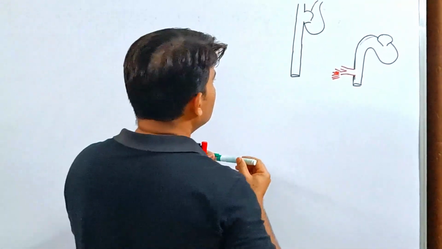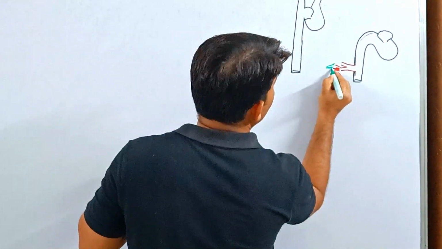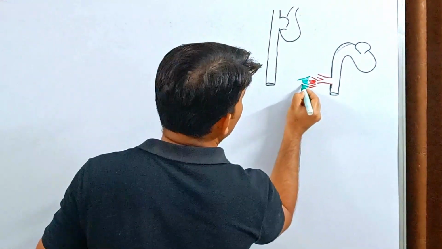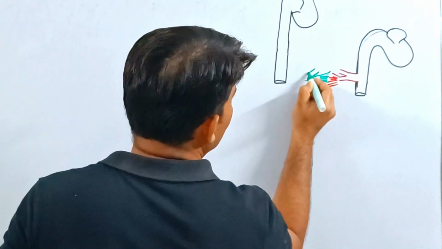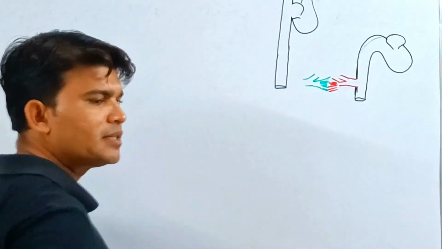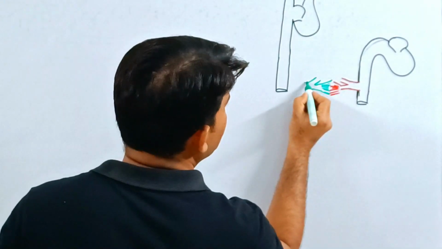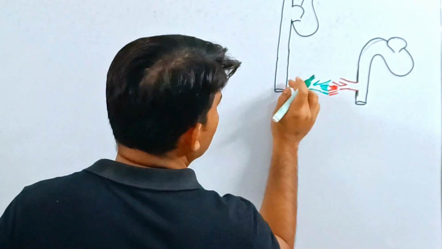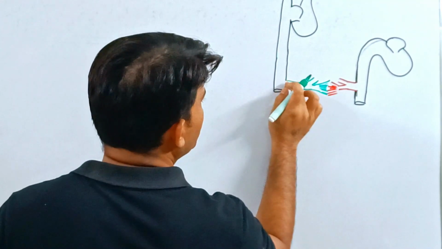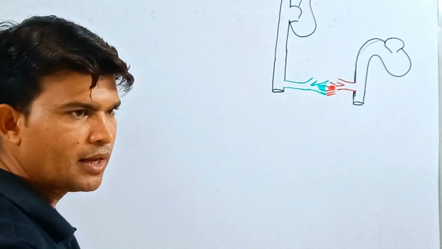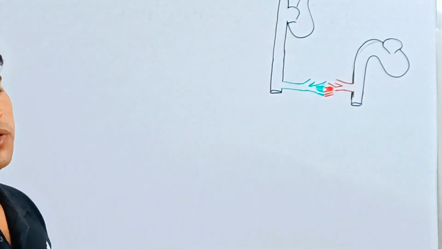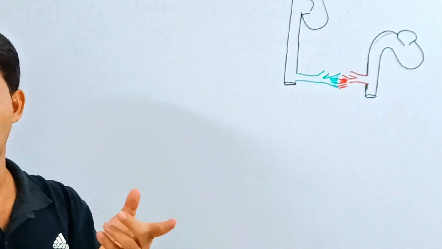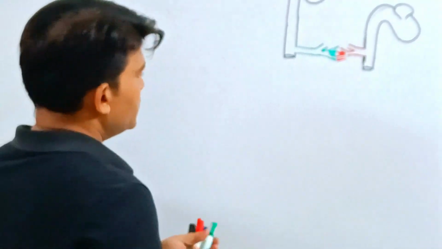And they reunite and make small venules, then small size vein, then medium size, then large size vein. Ultimately they drain into the caval system, either superior vena cava or inferior vena cava, right? So deoxygenated blood all over the body ultimately drains to the caval system.